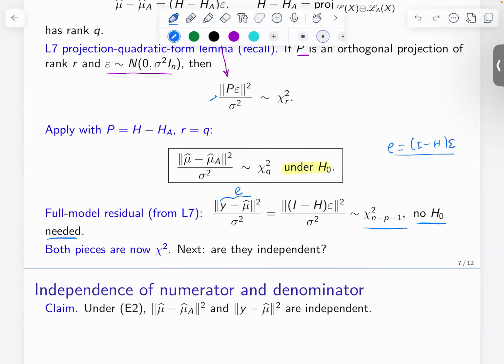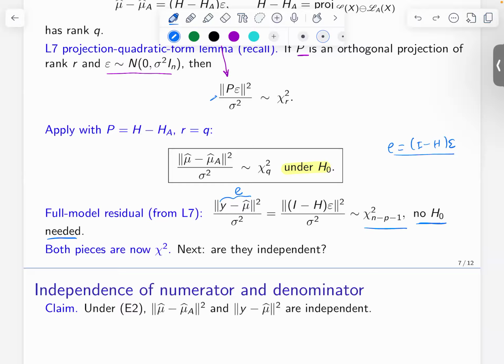So what I need to show is that these two quantities, the norm of mu hat minus mu hat A squared, whether divided by sigma squared or not, it doesn't matter because the randomness is in the numerator, and the norm of E squared, whether divided by sigma squared or not, are independent. If I can show that, then I am in business.